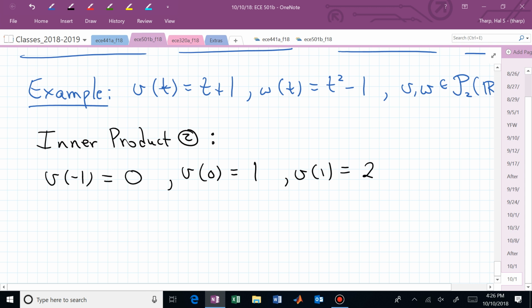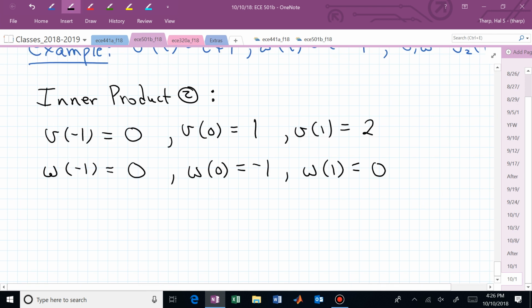And then we can evaluate w at those 3 places, or points. W of -1, w of 0, and w of 1.